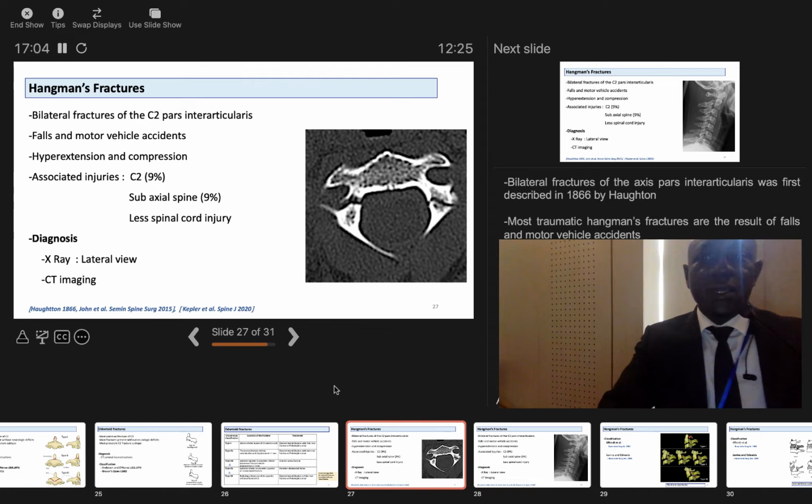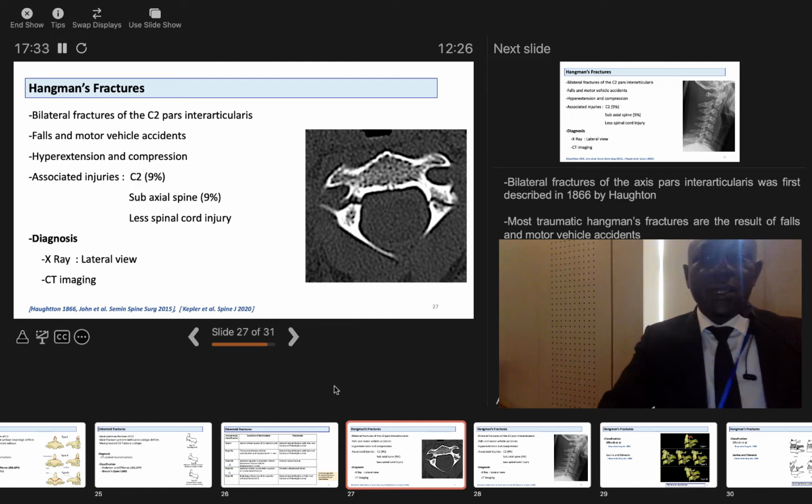Most traumatic Hangman fractures are a result of fall or motor vehicle accident, and the injury mechanism typically involves a hyperextension and compression insult. Only 9% were associated with fracture of atlas, and an additional 9% were associated with fracture of subaxial spine.